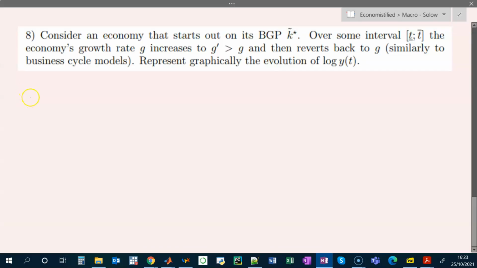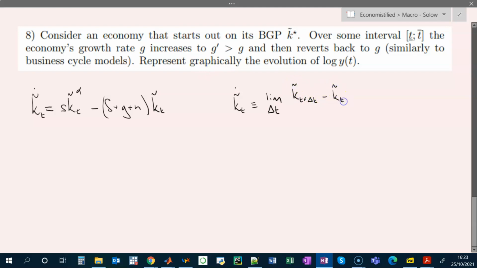So my ODE for capital per effective worker, remember, looks like this. And all I'm doing in Euler's method is remember the definition: k tilde dot is just defined as the limit as delta t goes to 0 of k tilde at t plus delta t minus k tilde at t, divided by delta t.